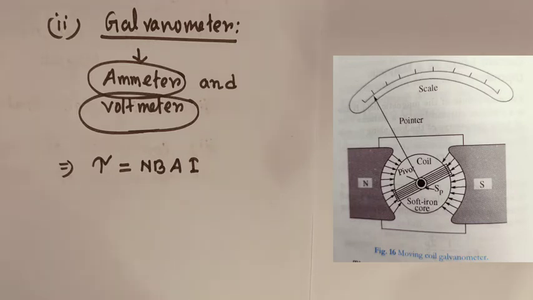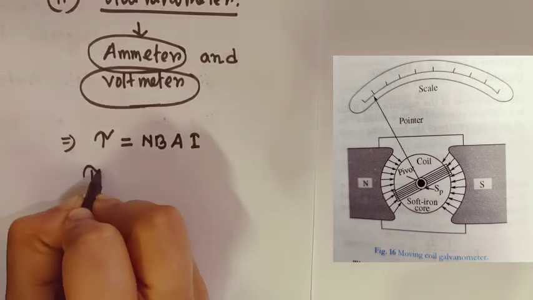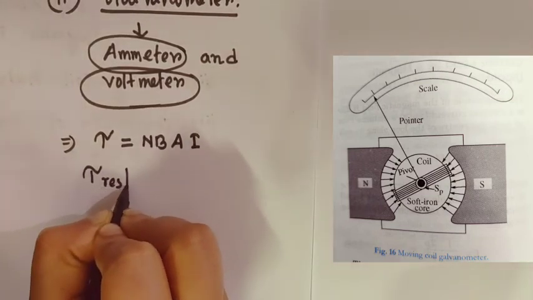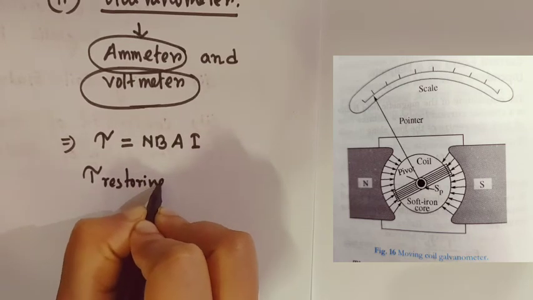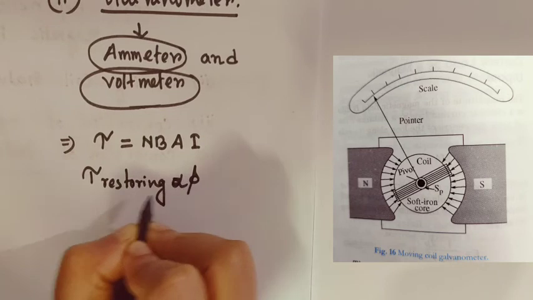Okay. As the coil rotates, the spring winds up and there develops a restoring torque proportional to the winding up of the spring, that is, to the angular deflection phi of the coil. Thus, we can write tau restoring is proportional to phi.